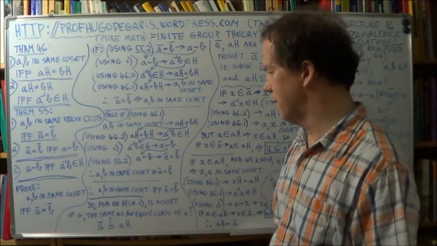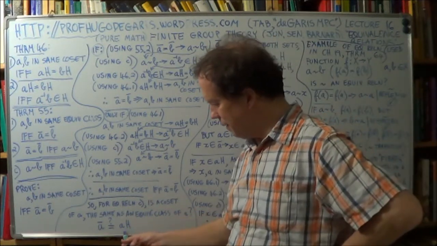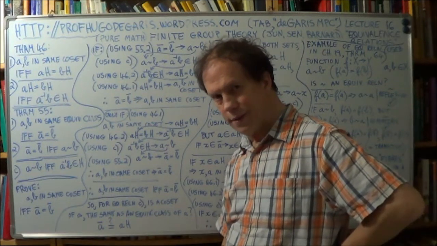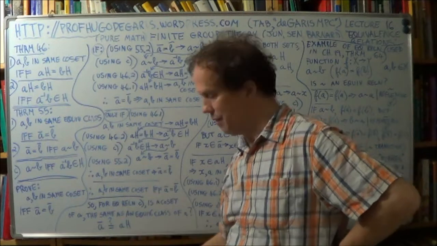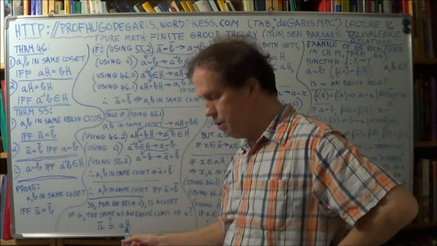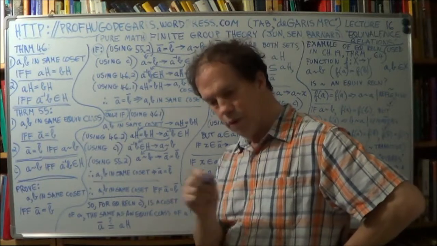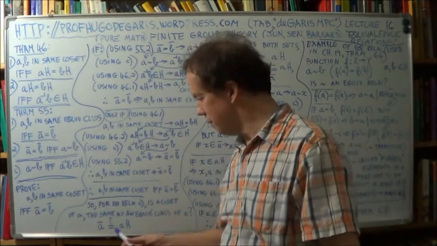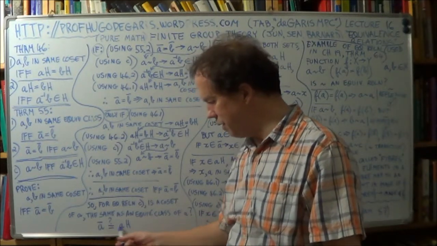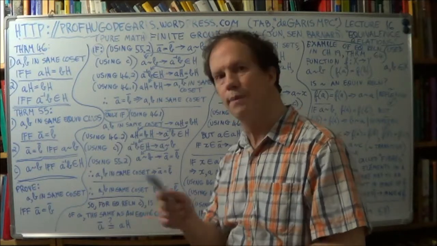Well, let's try to prove that. Now, what are these two things? Well, they're both subsets of big A. They're both subsets, so sets. Okay? Now, how do you prove that two sets are equal? I've done this many times now. Well, you prove that one's a subset of the other, and the other is a subset of the one. So to prove that these two are equal, we have to do two proofs, two subset type proofs.